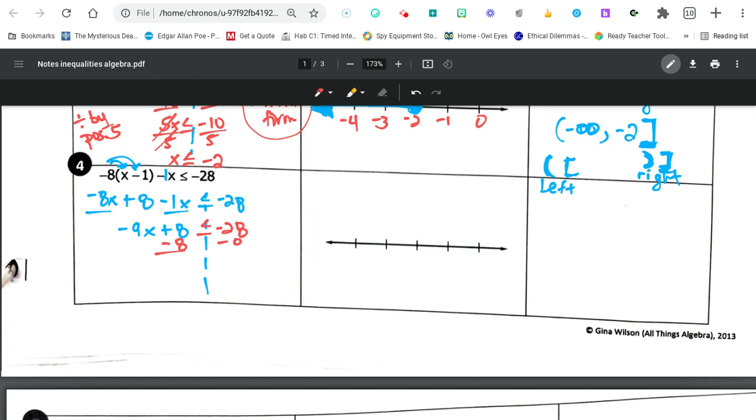I'm going to get rid of +8 with a -8. So I get -9x less than or equal to -36. Now I need to divide by -9. Because I'm dividing by a negative, I'm going to flip the symbol.